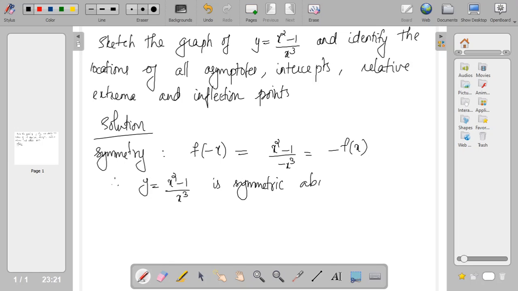It is an odd function, so it will be symmetric about the origin, and that is the symmetry.